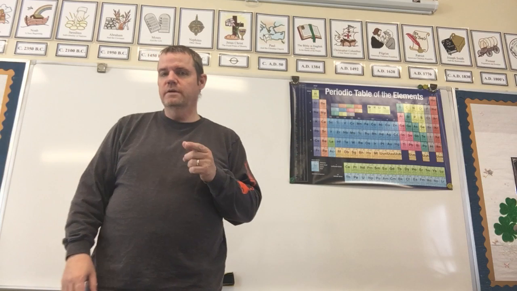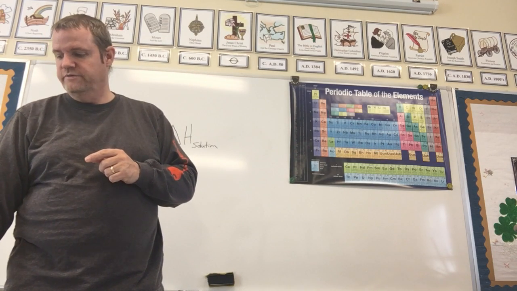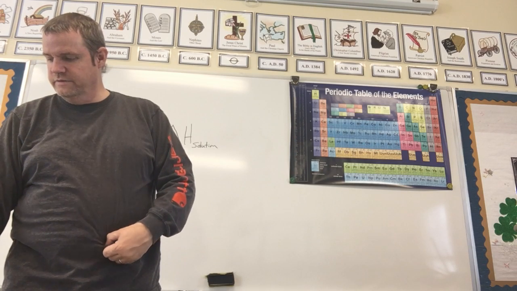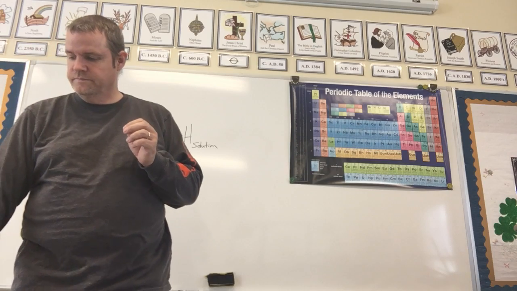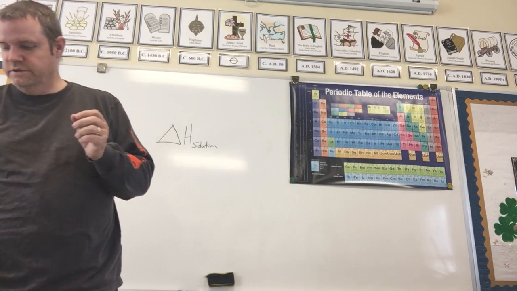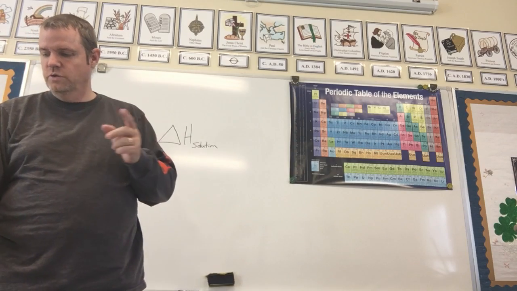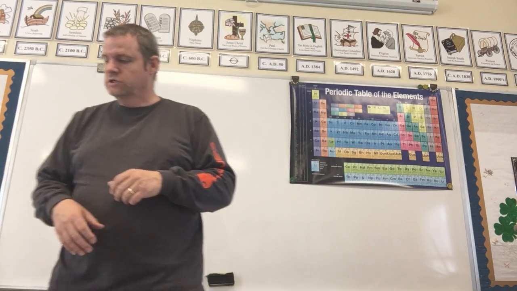And I want you to look on page 205 at table 12.5, the enthalpy of solutions, and it gives you some of the amounts in kilojoules per mole of solute in 200 moles of H2O.